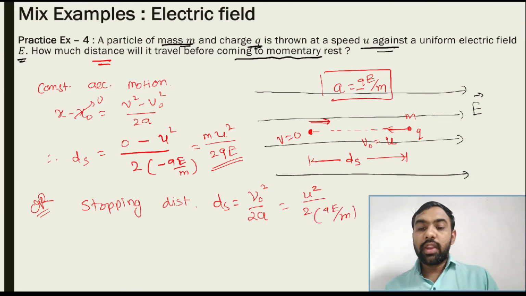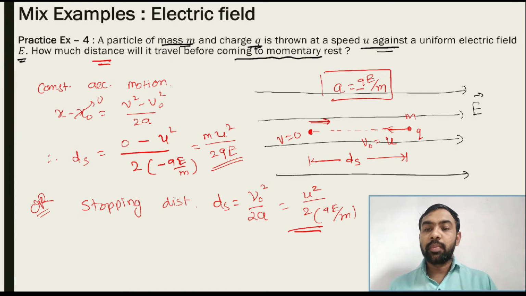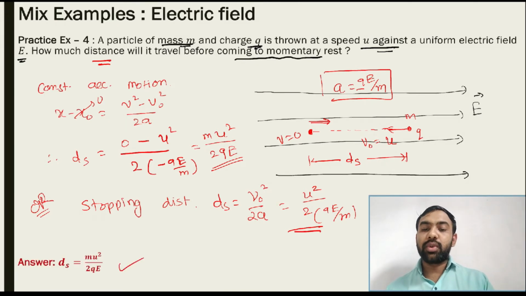When you use this equation of stopping distance, you are not using the signs, we already used the sign, so you directly put the value. So distance is equal to u square upon 2 into qE by m, and you just simplify this and you get the answer. So this way you solve this type of problem. All of you, note this example in your books. Then we will go to the next one, and your answer is m u square upon 2qE.